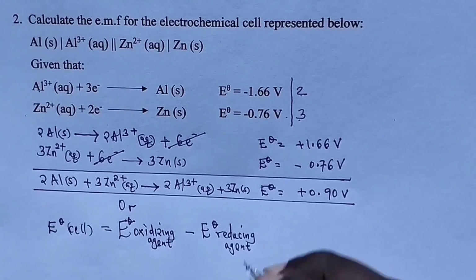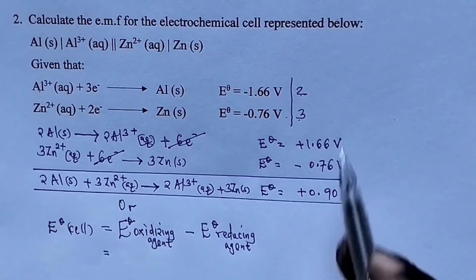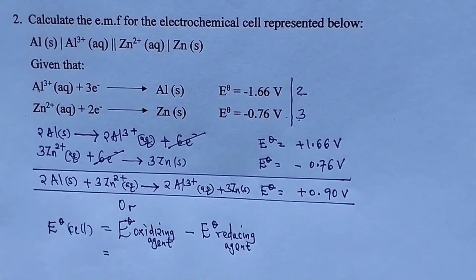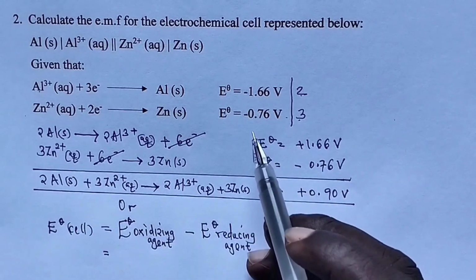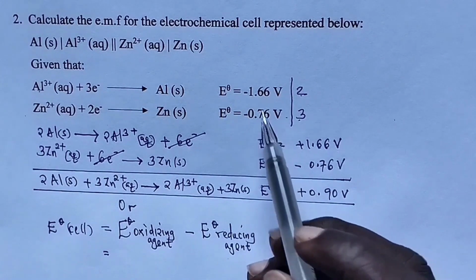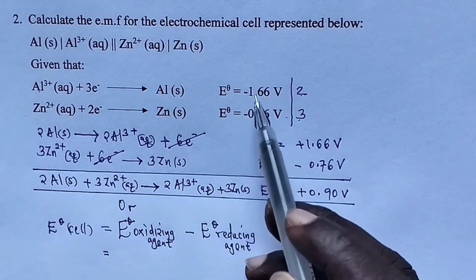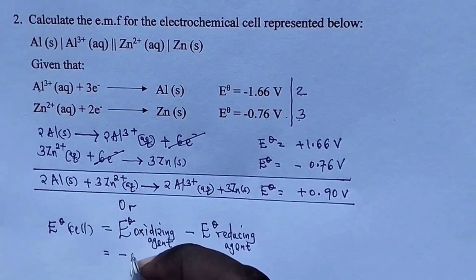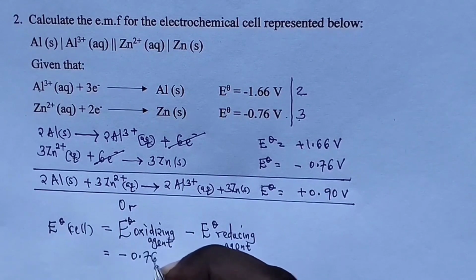What does this mean? Between these two, which one is the oxidizing agent? It will be the zinc ion. The oxidizing agent is the one that's the most positive. Between these two, this is not positive, but it is the one closer to the positive side. So we're going to have minus 0.76 volts.